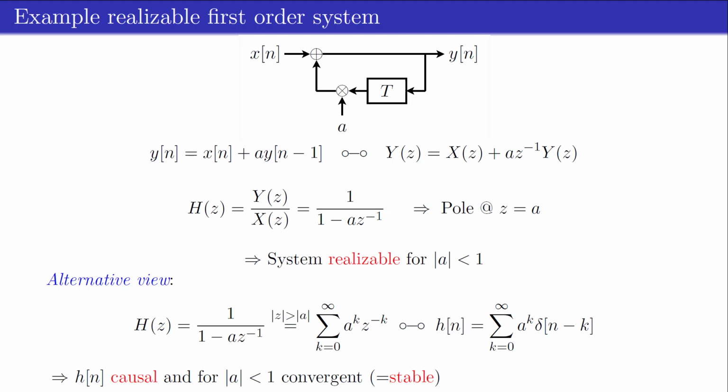From this expression, it follows that the exponential function is right-sided and causal, and for the absolute value of the feedback parameter A smaller than 1, it is a decaying or stable function, which implies that the pole of the system is inside the unit circle and the unit circle is included in the region of convergence.